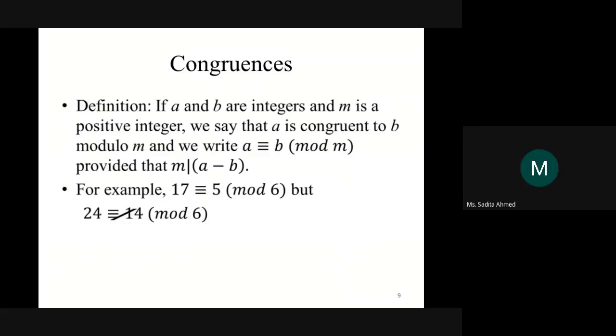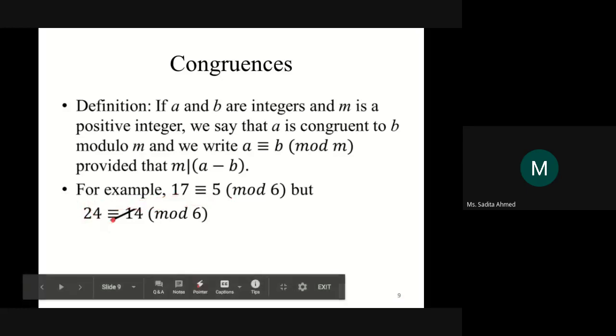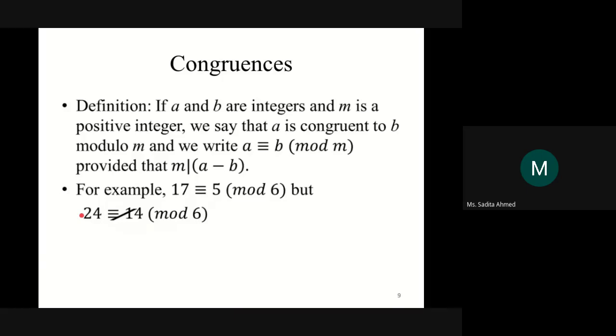Yeah, that's correct. 24 is not congruent with 14 mod 6 because, just like you said, 24 minus 14 is 10, and if you divide 10 by 6, the result is not an integer. That is, 24 minus 14 is not divisible by 6 such that the result will be an integer.